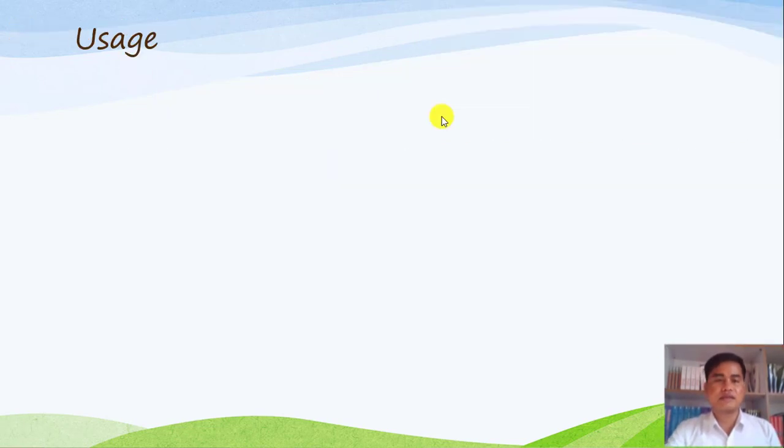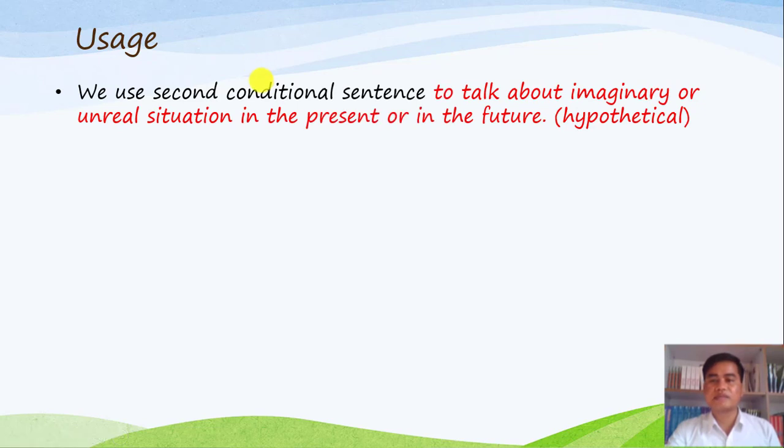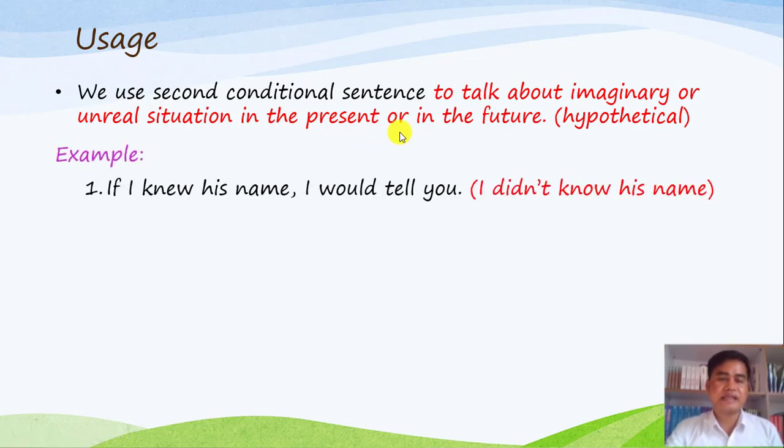Okay, so we use second conditional sentences to talk about imaginary or unreal situations in the present or in the future. We want to talk about hypothetical situations. Example, if I knew his name, I would tell you. But the reason here is I didn't know his name.